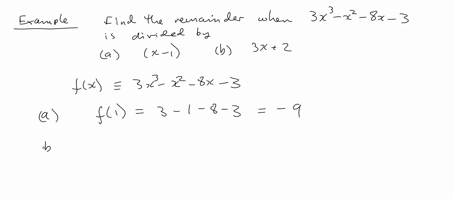Part B, 3x plus 2, we need to find f of minus 2/3, because if x is minus 2/3, 3x plus 2 is 0.